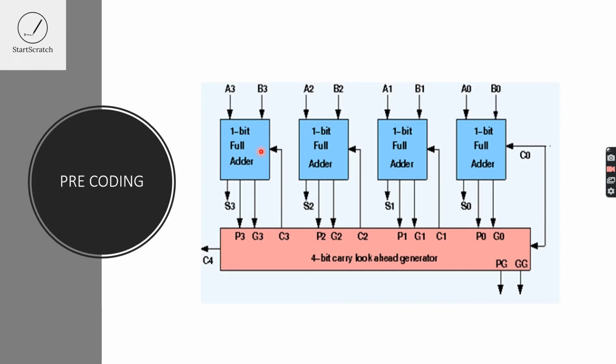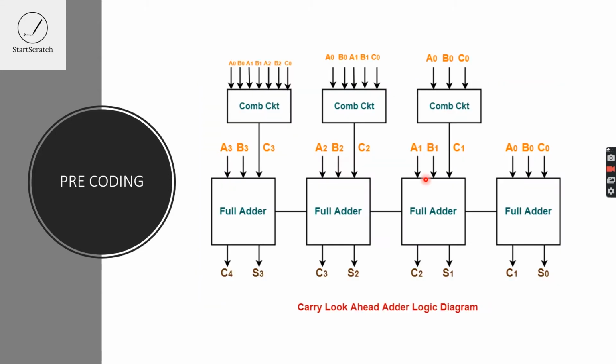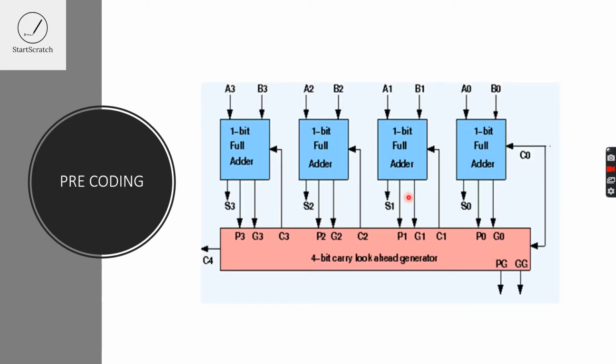To design the Verilog code, we will use this kind of workflow. Here this 4-bit carry look ahead generator is used, and these full adders are individual, not this one. These are different ones, and these full adders are given inputs differently.